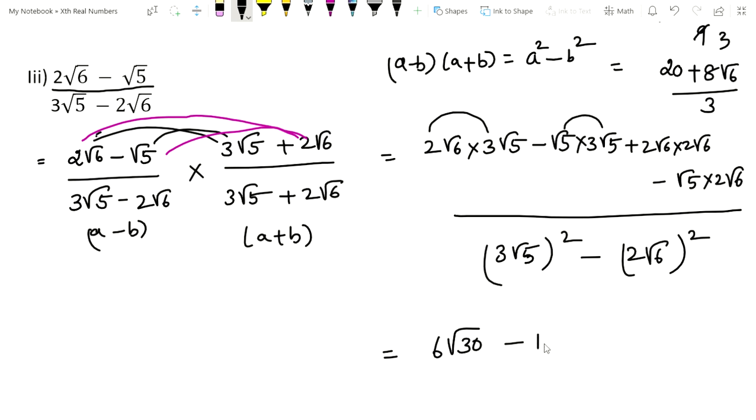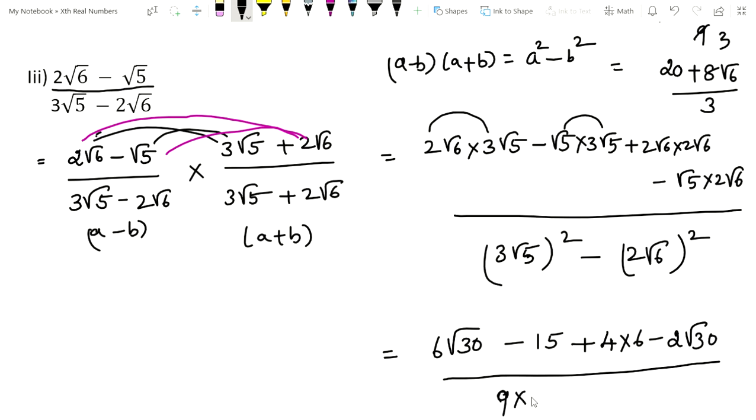So 5 3s are 15, plus 2 2s are 4, root 6 into root 6 is 6, minus 2 root 5 into root 6, you get root 30, divided by 3 root 5 the whole square. 3 square you will get 9, root 5 the whole square 5, minus 2 square 4, root 6 the whole square 6.